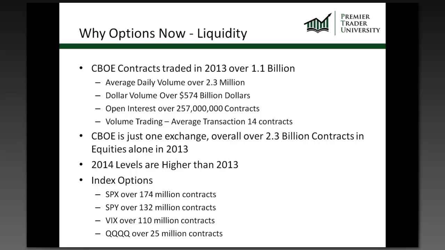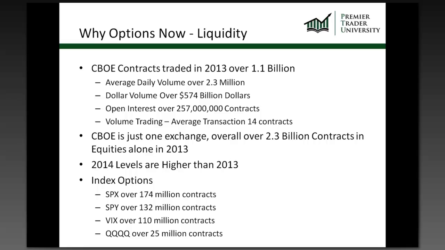The average daily volume is 2.3 million contracts. That equates to a value of $574 billion being controlled on those contracts. And the open interest is 270 million. That's the amount of contracts that are open, not closed. People are in a position.